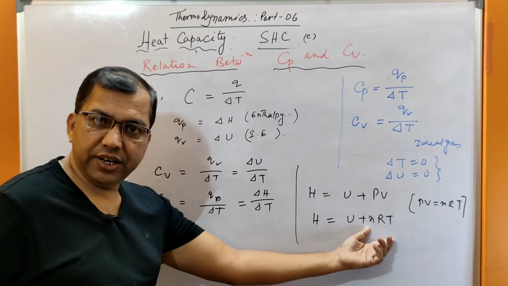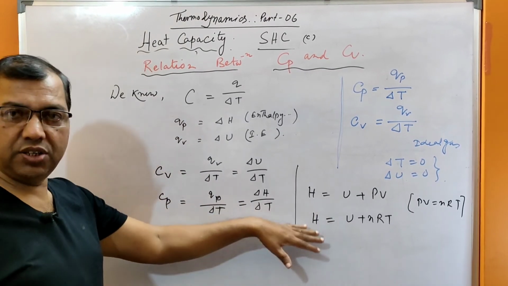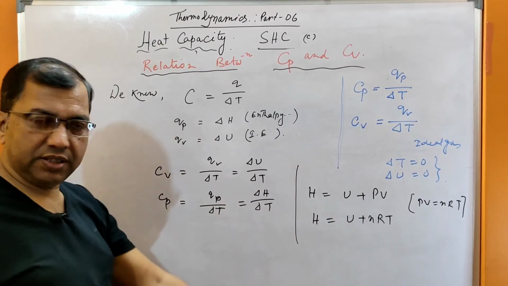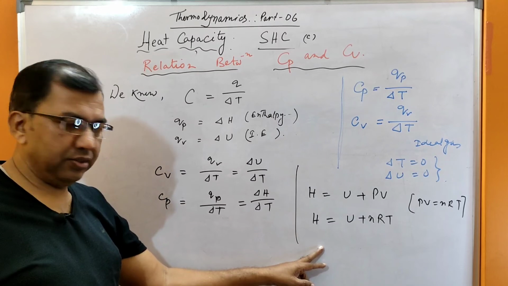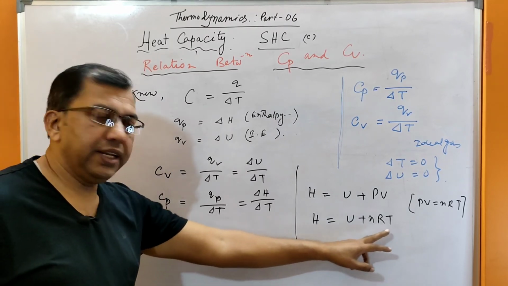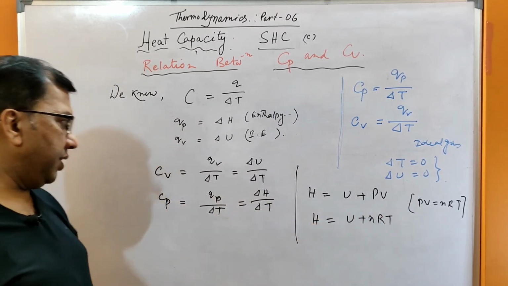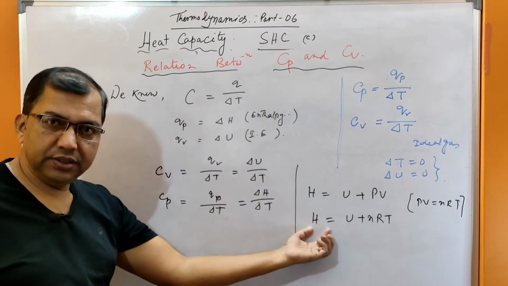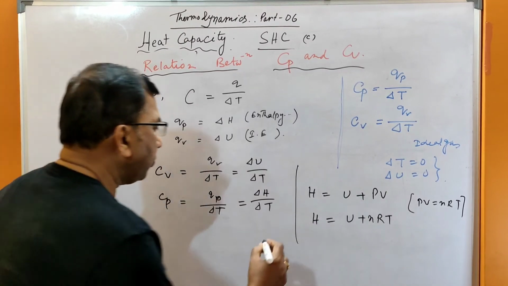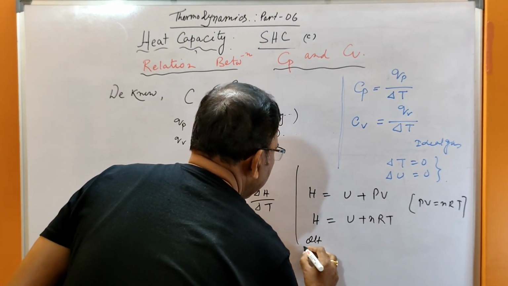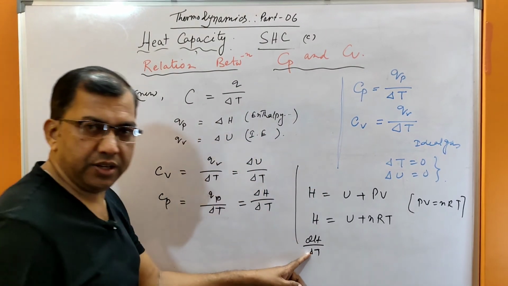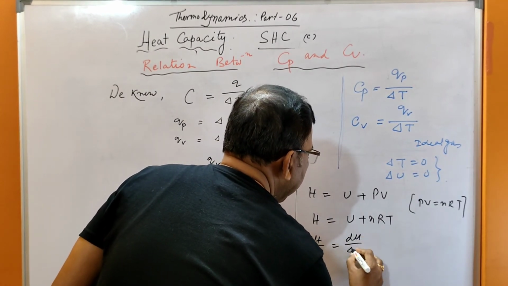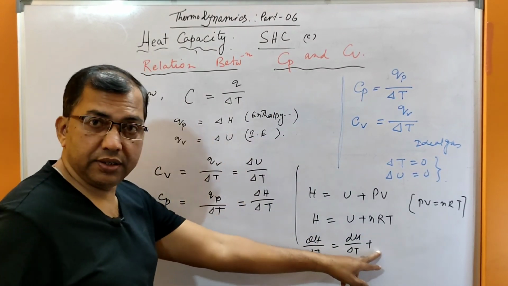If you differentiate this, dH by dT equals dU by dT plus nR. You can write dH by delta T equals dU by delta T plus nR. Clear?